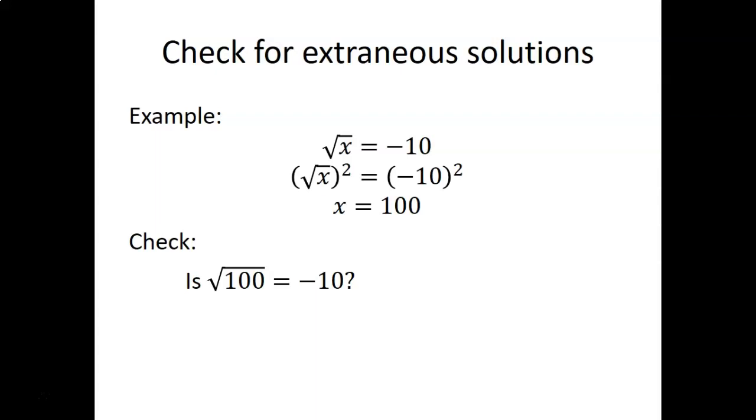A positive squared is positive, a negative squared is positive. They ended up equal, but they weren't equal originally. So in this example, 100 is what we call an extraneous solution to this equation. It doesn't really work in this equation.